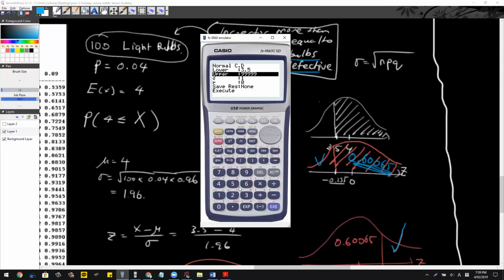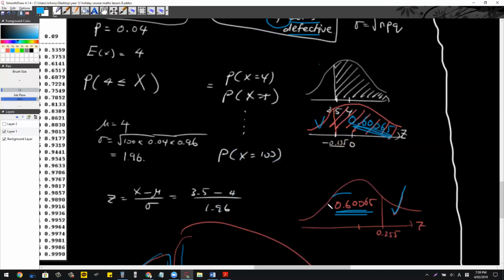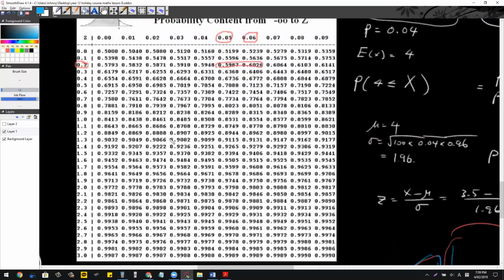Or maybe I can go for just 100, because 100 is the maximum, maybe 100.5, but that's high enough. Because it's normal distribution, it doesn't have to end with 100. And the standard deviation is 1.96, and the mu was 4. If I do that, I get 0.6006. That's exactly this one, which we calculated from this table here.